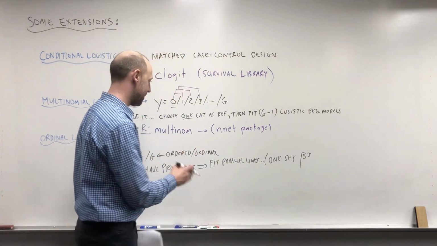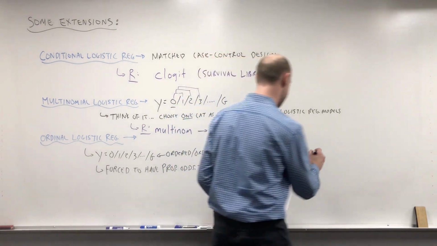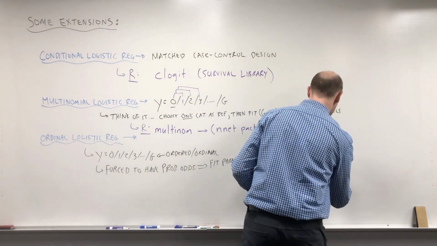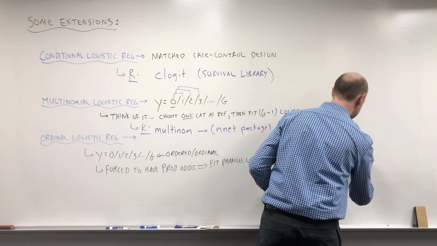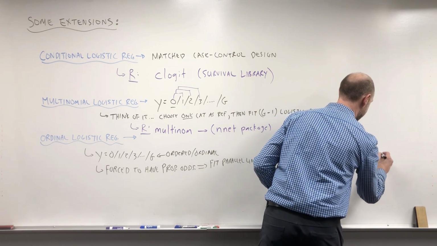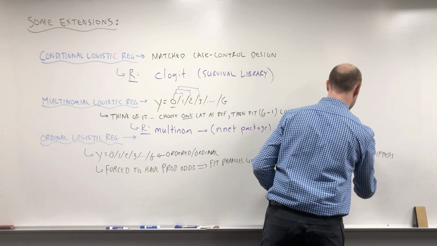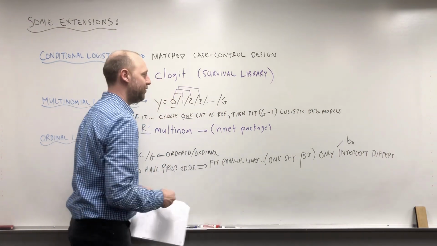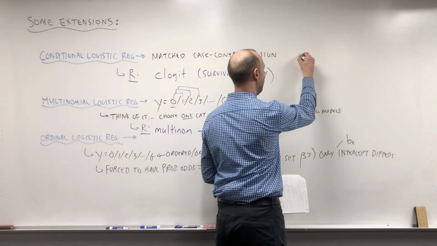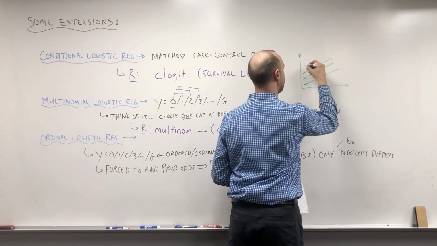It's not fitting all these separate models. There's one set of model coefficients for x1, x2, x3, and so on, and only the intercept differs. So again, without going too far down the rabbit hole, we can think of it as forcing the lines to be parallel.